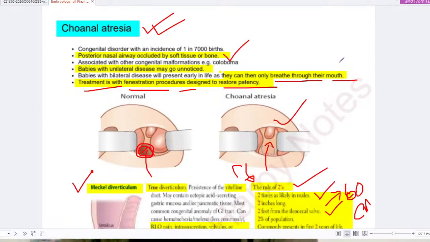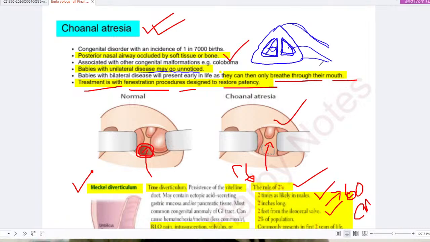Okay. And babies with unilateral disease may go unnoticed, because suppose this is our nostril. This is our nostril. This too. And normally it remains open because air from there goes inside and then connects with our pharynx. Right. Sometimes the soft palate grows or there will be a bony structure which blocks one side.